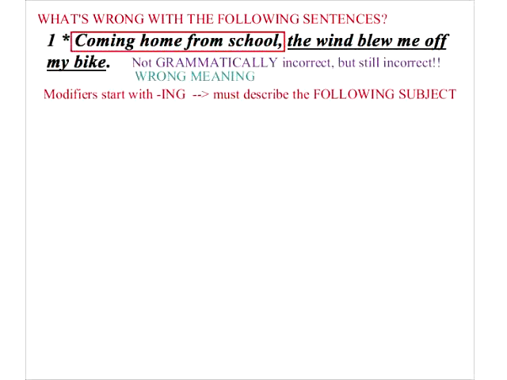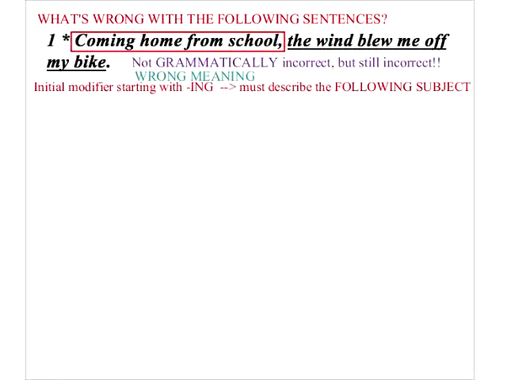So, coming home, when you have an initial modifier starting with ing, initial meaning it's at the start of the sentence, you have to be talking about the following subject. So in this case, coming home from school is talking about the wind.